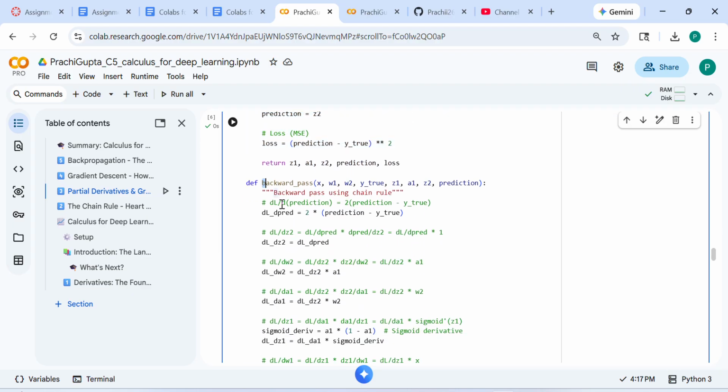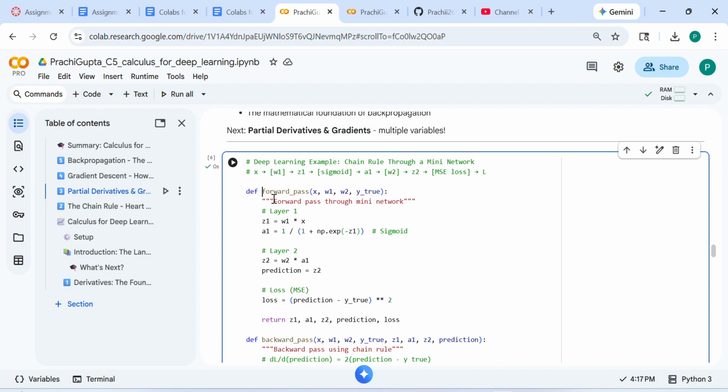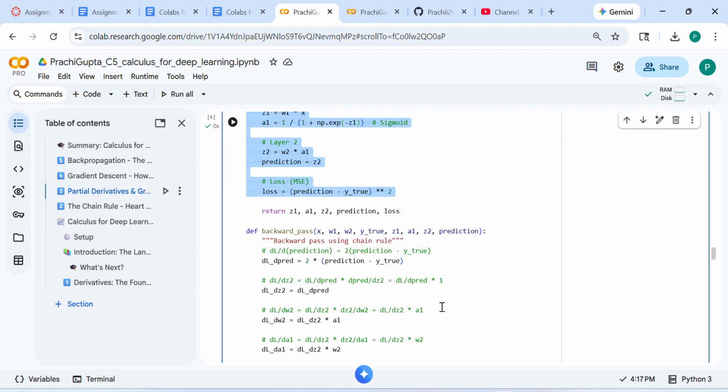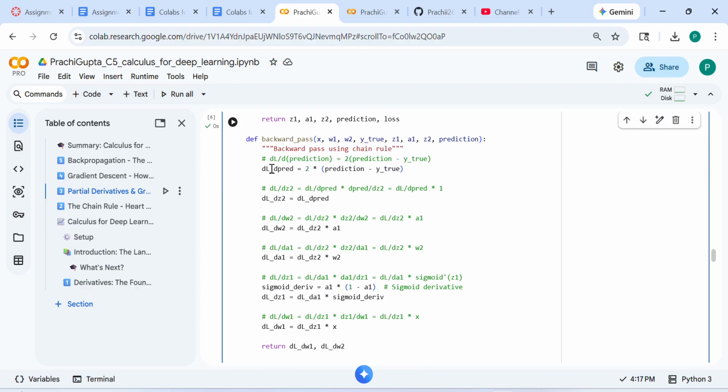Then we will do a backward pass to compute the gradients. The forward pass is done. Now we have to calculate the gradient, and for that we will do the backward pass. In the backward pass, we'll see how the loss changes with respect to W2, then with respect to W1.